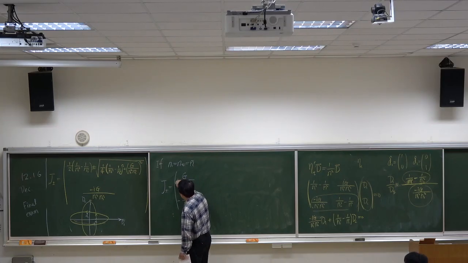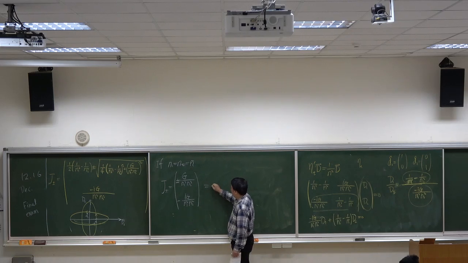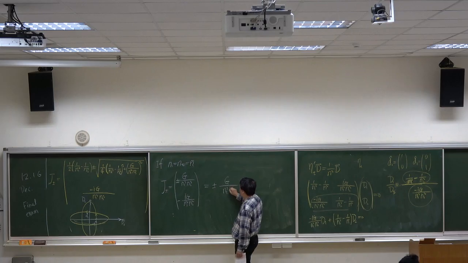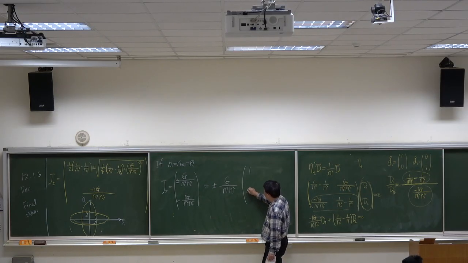Yes. So we can factor out this G over N1 squared, N2 squared. And the remaining terms are 1 plus minus i.